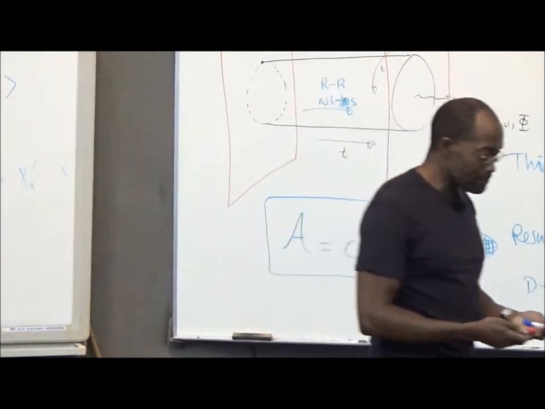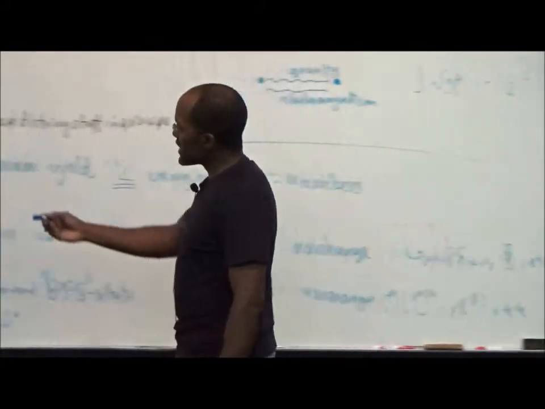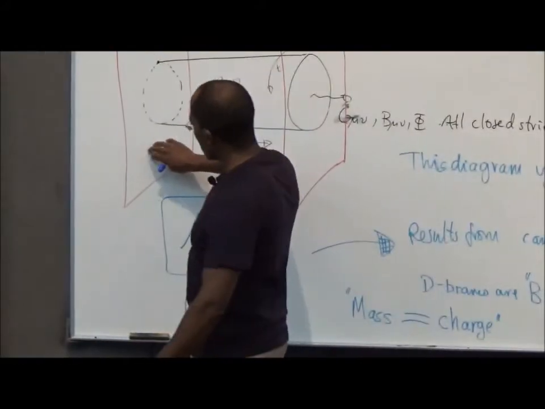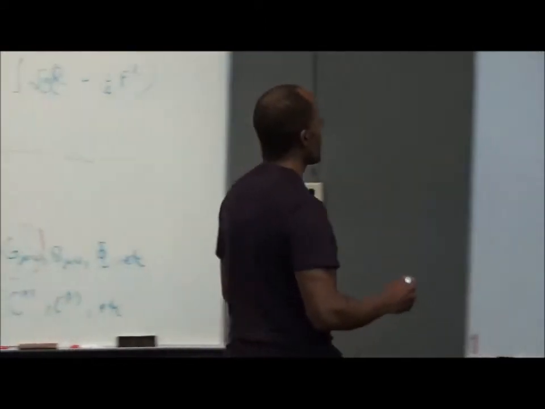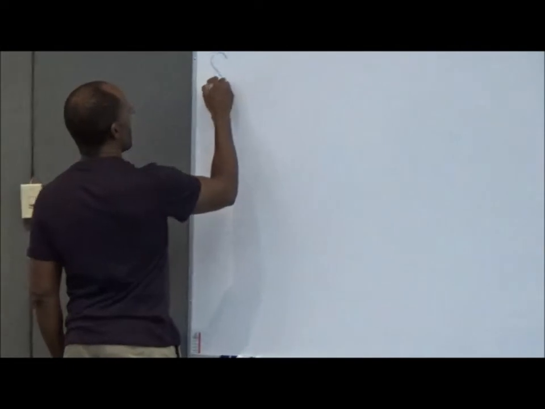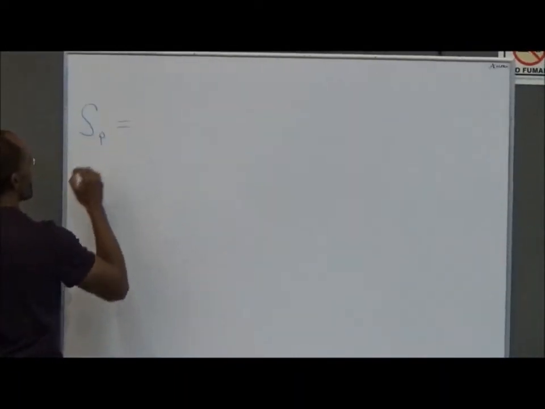Okay, so in interpreting the computation, I need to write down the effective action for the brane. I need to be able to say how that tension is going to appear. So I need, if you like, some analog of the Nambu-Goto action that I wrote down for a string.